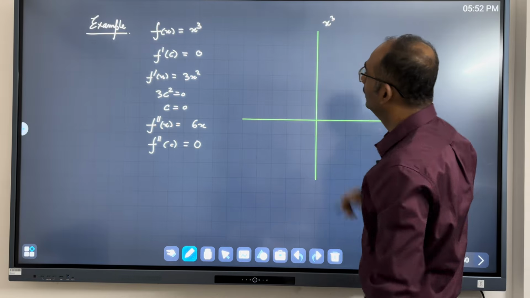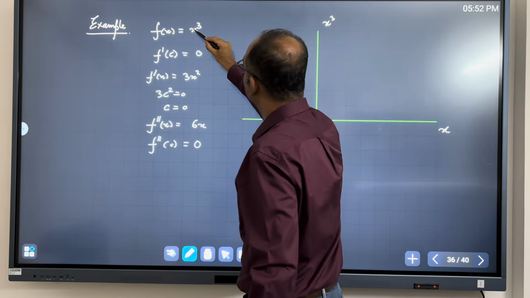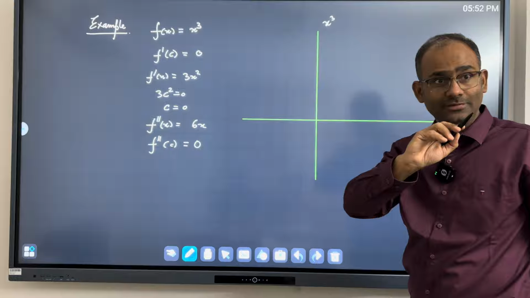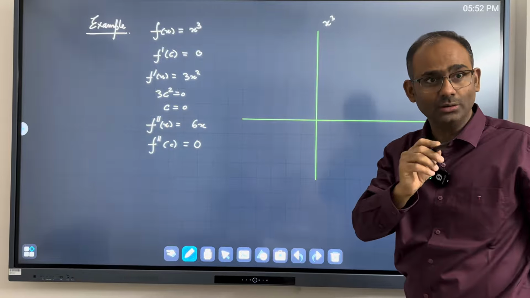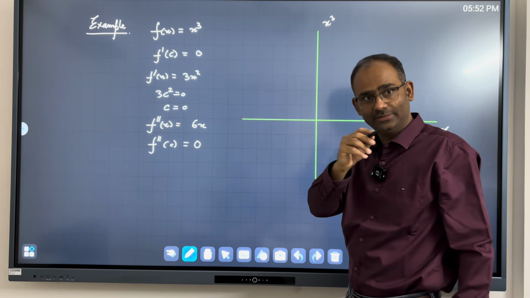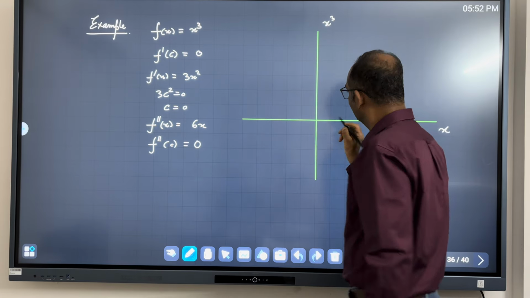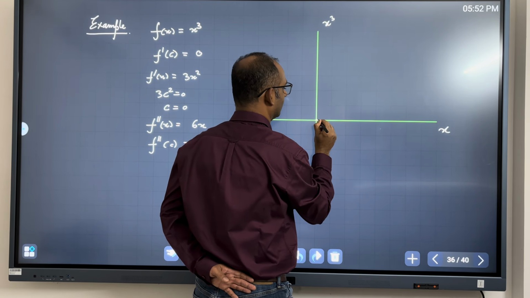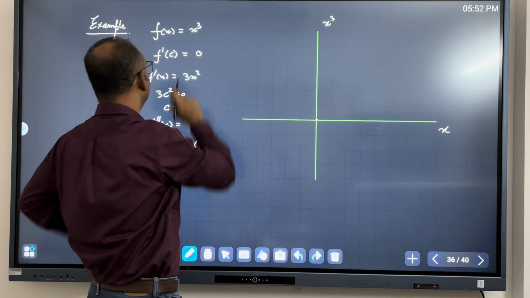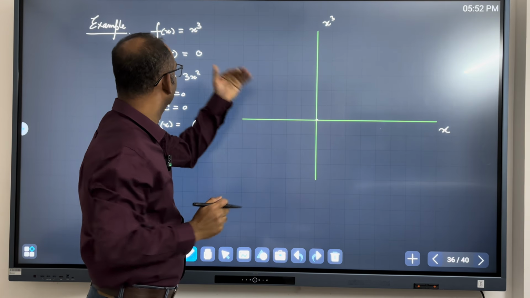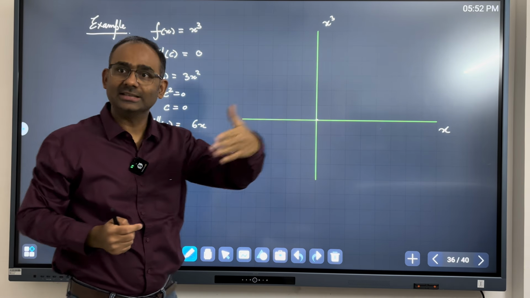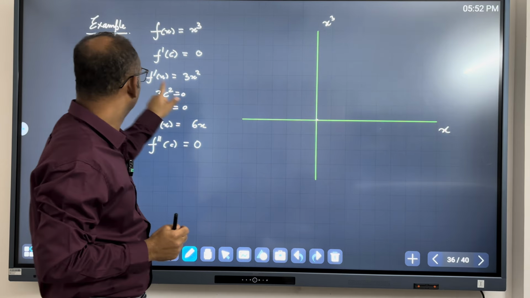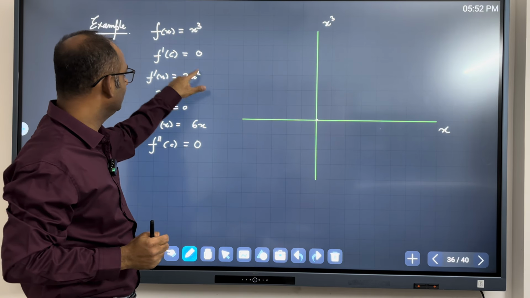Now the derivative is 0 at x equal to 0. So it will be like this. And also you see f of x keeps increasing. Look at the slope. The slope is always positive, right?